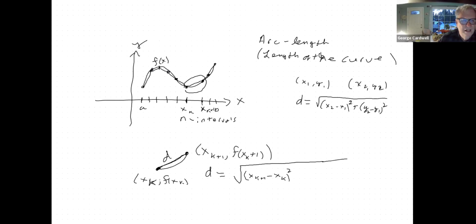And then I would add to that f of xk plus 1, which you could call yk, minus f of xk. And of course, all that would be squared, and it's under the square root.